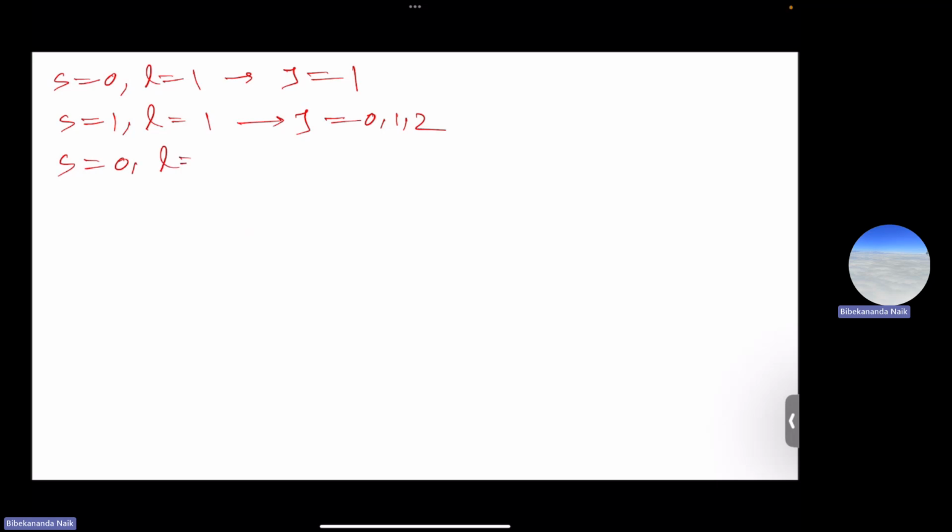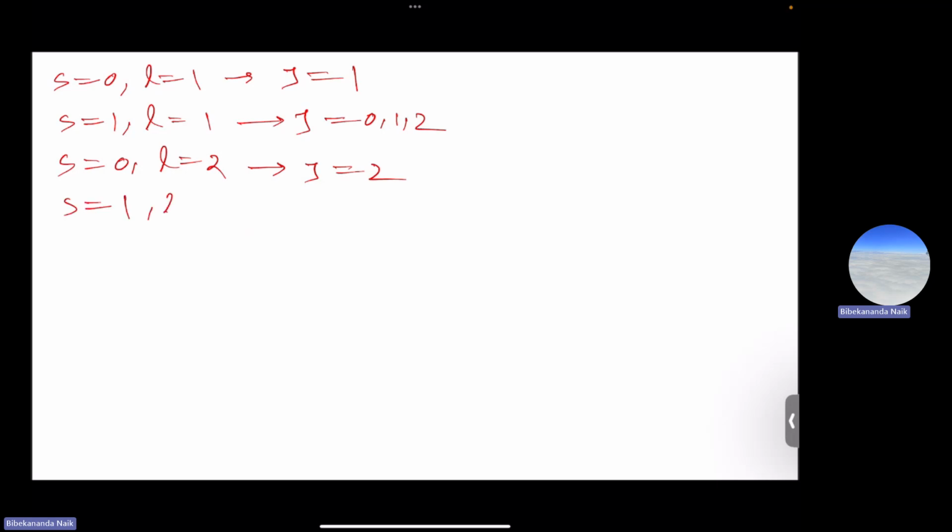So now S is 0, L is 1, so J will be 1. S is 1, L is 1, J will be 0, 1, 2. S is 0, L is 2, J is 2.